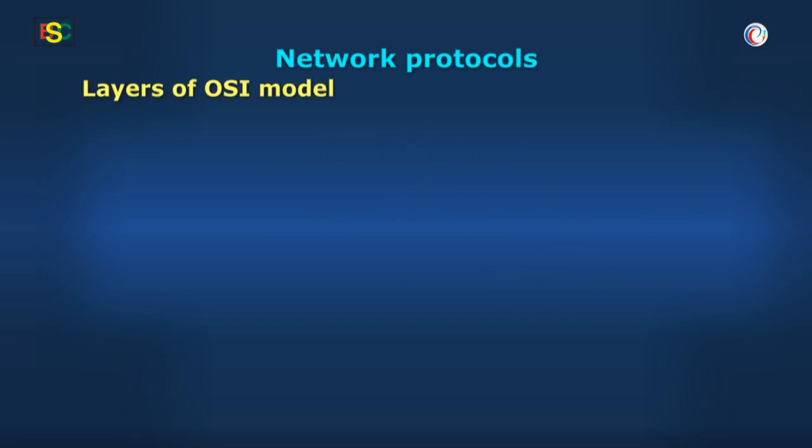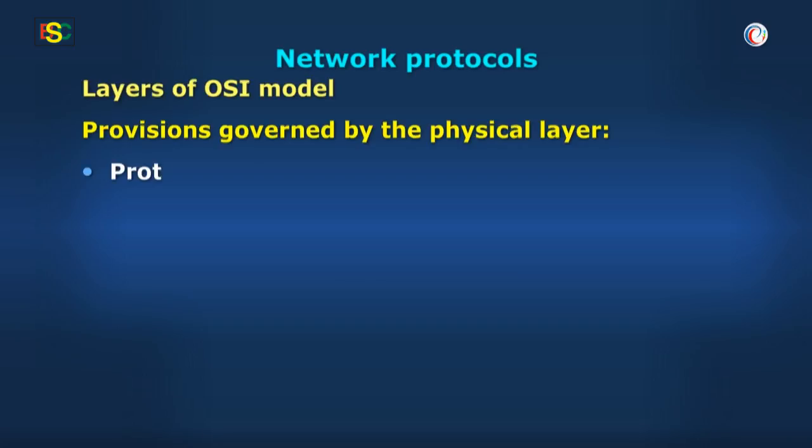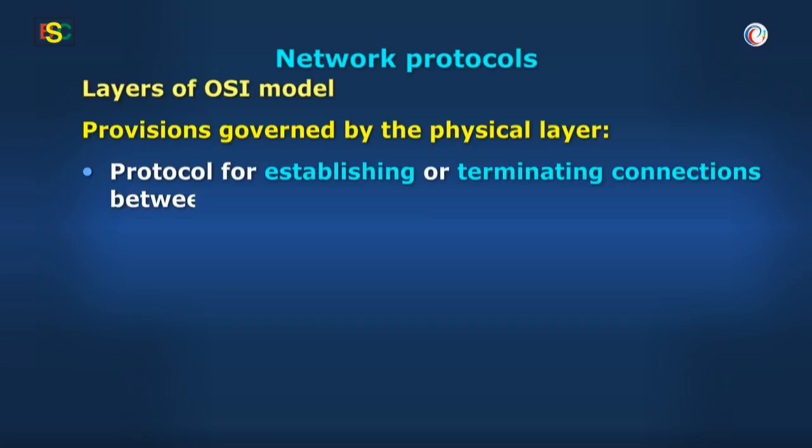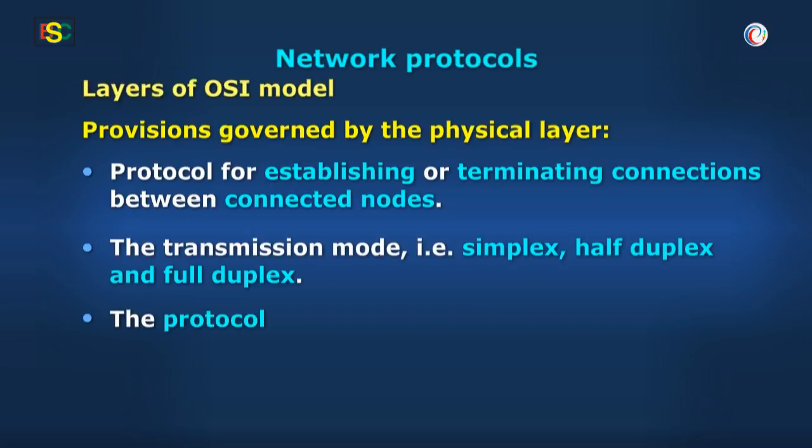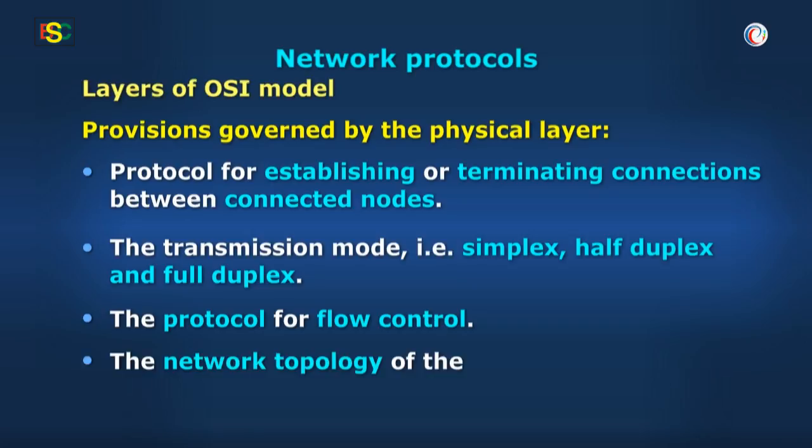The following are the provisions governed by the physical layer: protocol for establishing or terminating connections between connected nodes; the transmission mode, that is, simplex, half duplex, or full duplex; the protocol for flow control; the network topology, such as bus, ring, mesh, etc.